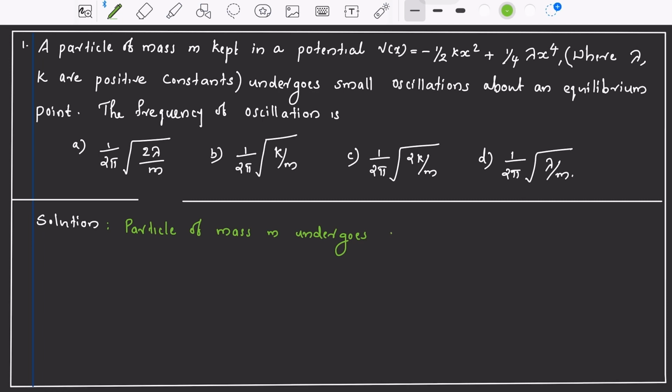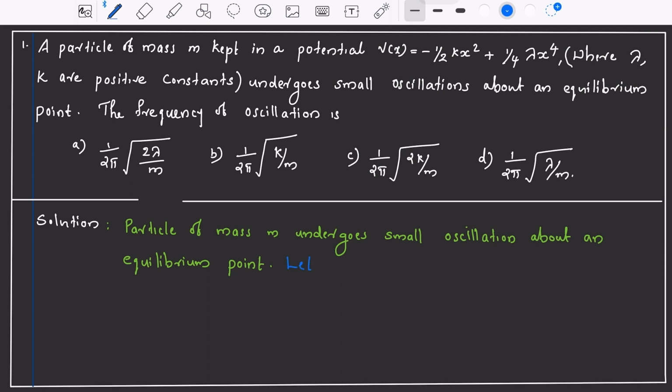Now suppose this equilibrium point be some x naught. We can denote this equilibrium point be x naught.